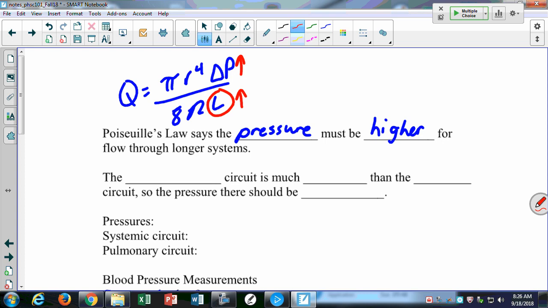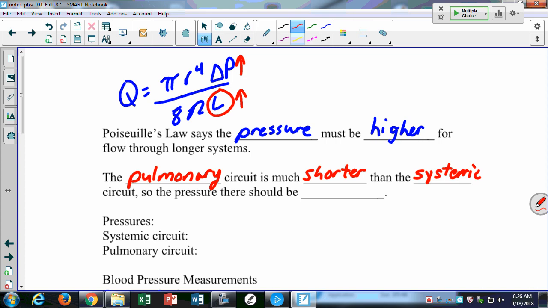For that reason, the pulmonary circuit is much shorter than the systemic circuit. Remember, the pulmonary circuit takes it from the heart to the lungs. Not very far to go.